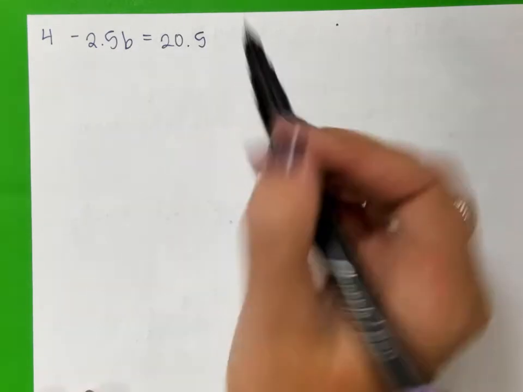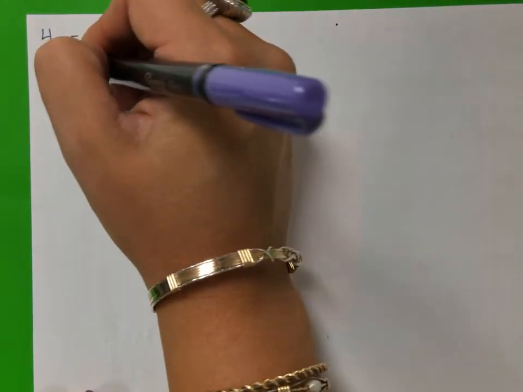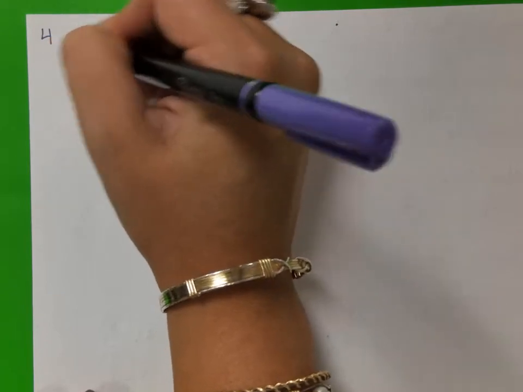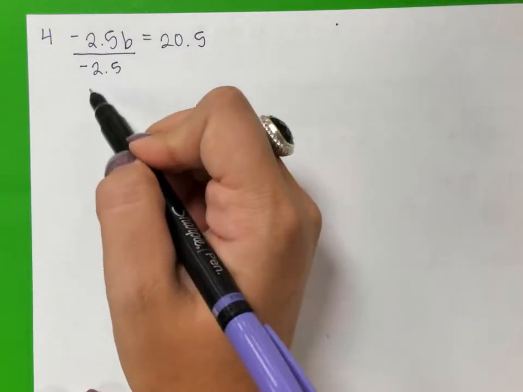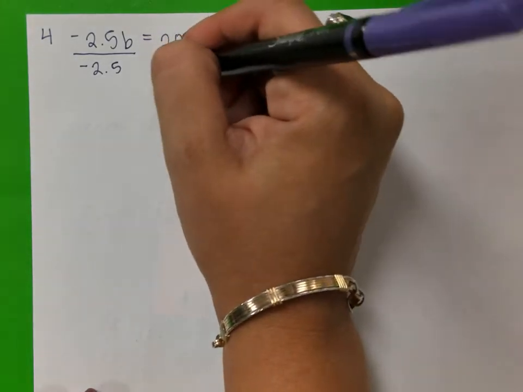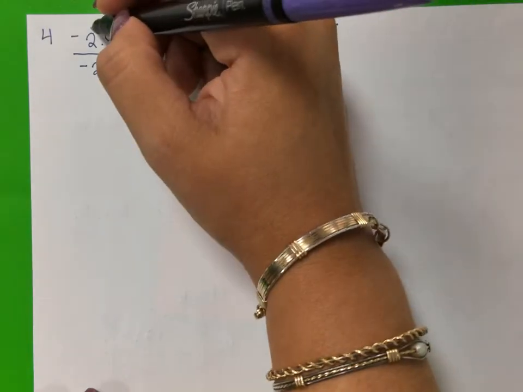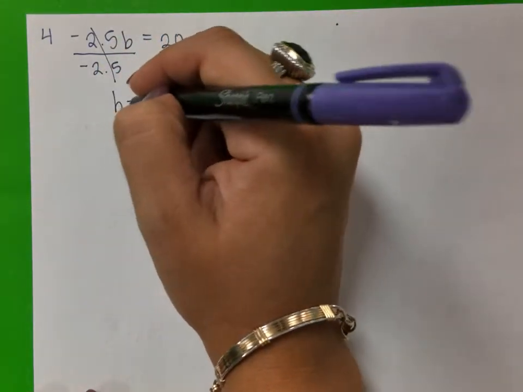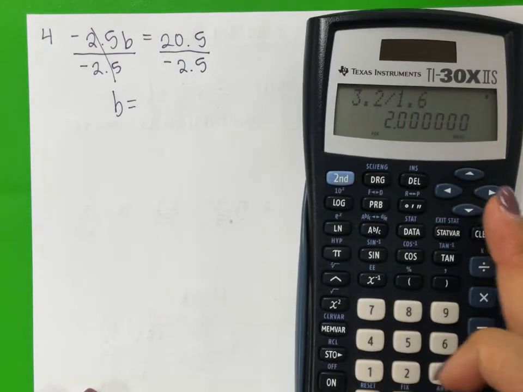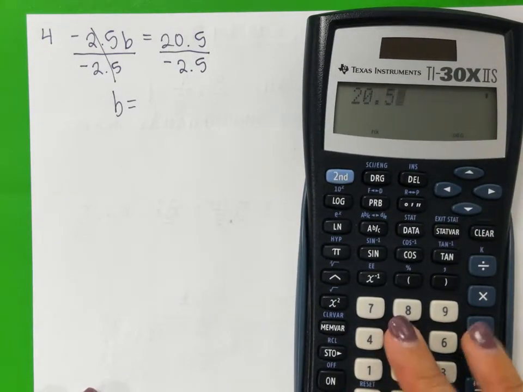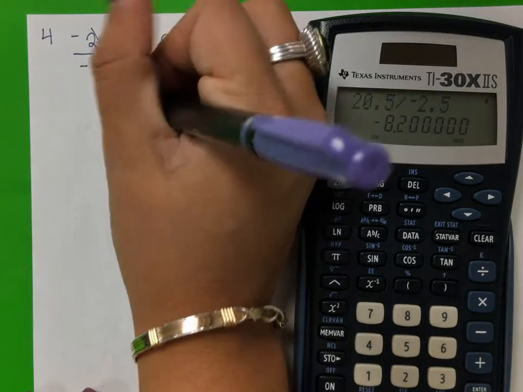So I need to divide. I've got to divide both sides by negative 2.5. That negative is tied with that number, so it cannot come apart from that number. And then these cancel each other out, leaving me with a b. And then we have 20.5 divided by negative 2.5, and that gives me negative 8.2.